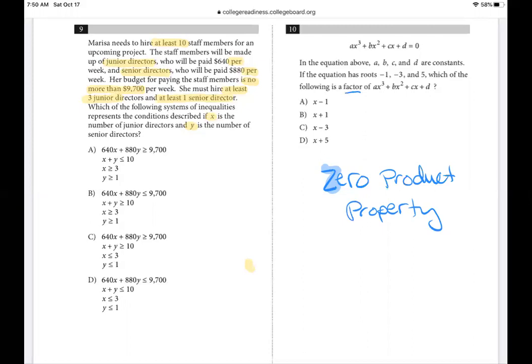So if you're multiplying by 0, anything times 0 is 0. So keep that in mind when you are working through number 10. Okay, so go ahead and pause if you haven't already worked these out, so that you have some time to think through them. And then I'll go ahead and go over them.